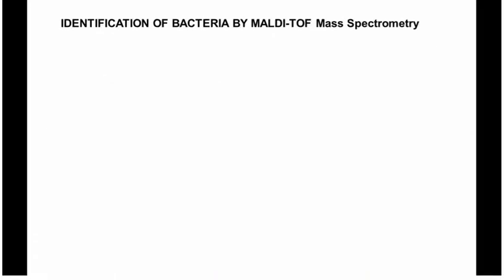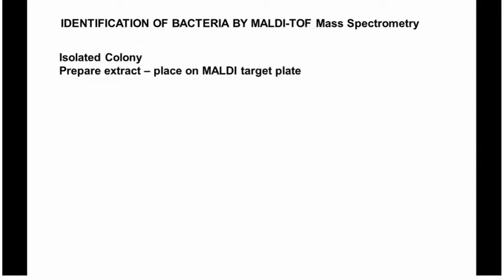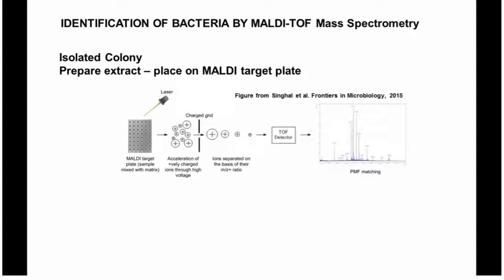Now, it's starting to be replaced by MALDI-TOF, which is matrix-assisted laser desorption ionization time of flight mass spectrometry. So once again, you have to start with an isolated colony, so you have a pure population of bacteria that are all identical. And then you pick off a bit of the colony and put it on the MALDI plate, which is a kind of metallic plate like this.